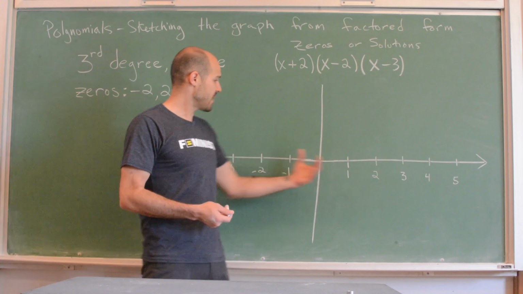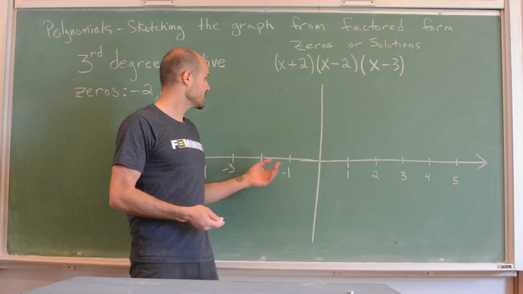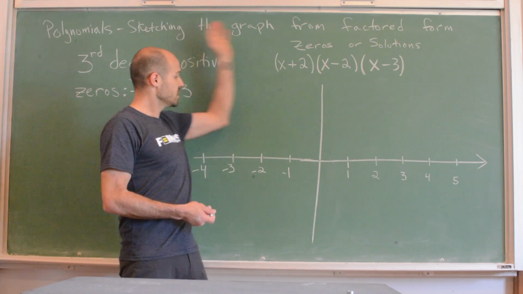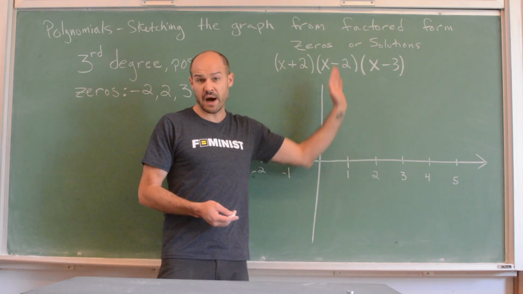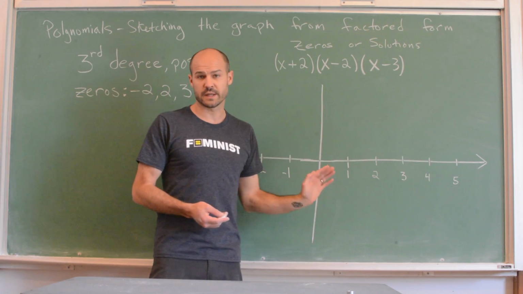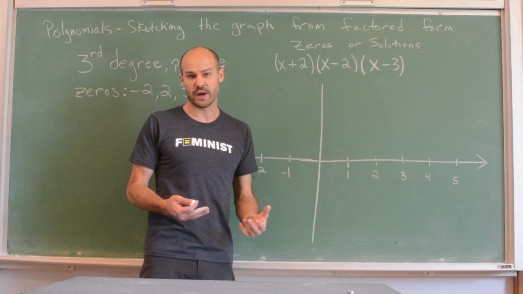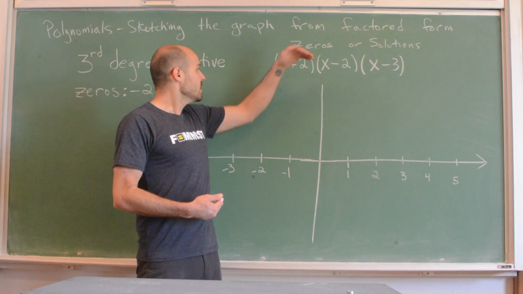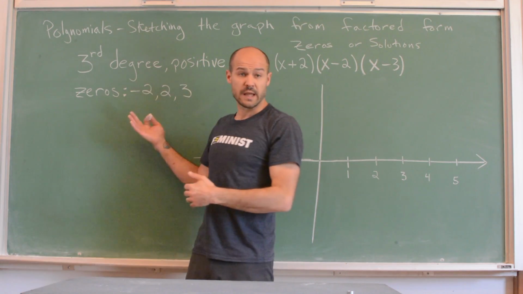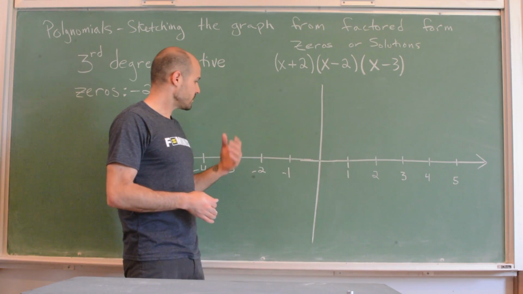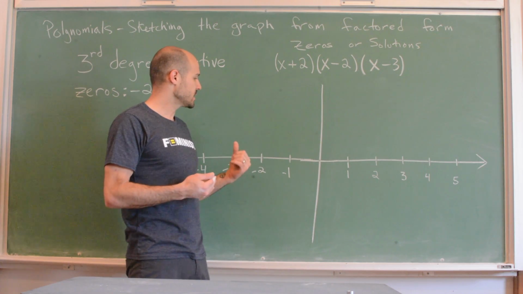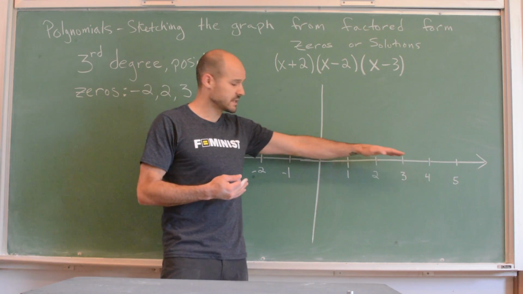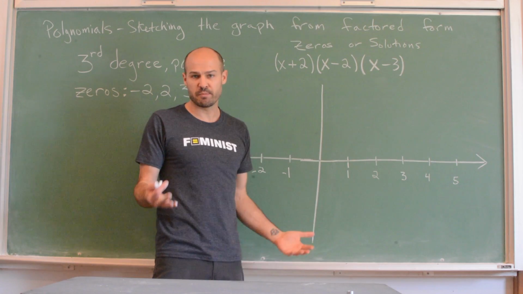So once we have a graph put up here with just our x-axis, we're sketching this graph. Notice I didn't even bother to mark my y-coordinates. I'm not particularly concerned about them right now. I'm just sketching the graph, and the most important thing about the sketch is where the zeros lie. So, if the zeros are the x-coordinates where the graph intersects the x-axis, we just put points there.